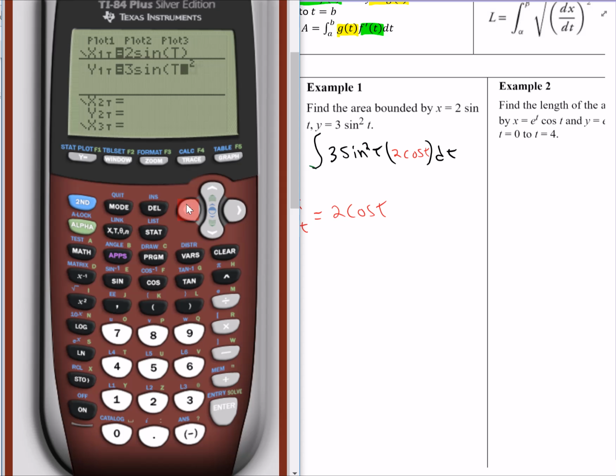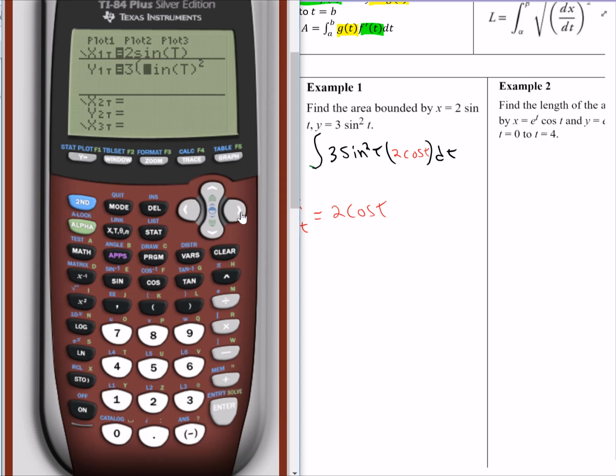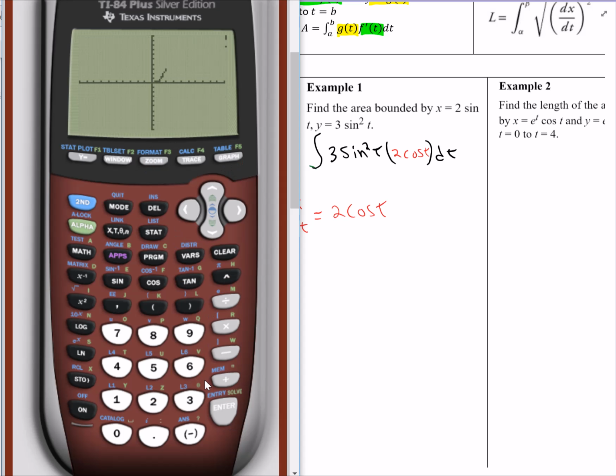If you're worried about whether that's squaring the t or the whole thing, you can insert a parenthesis here. 3 sine t squared, right? And then we can graph this.